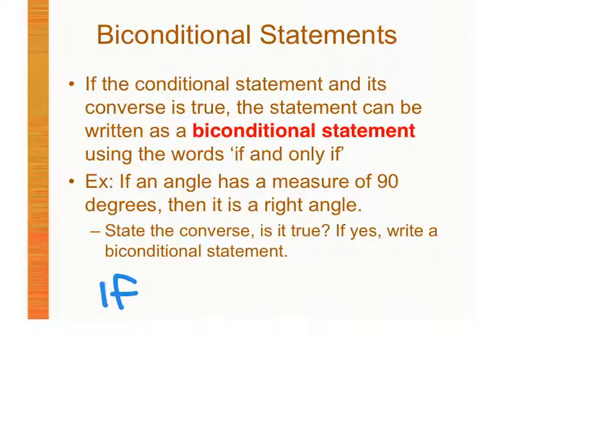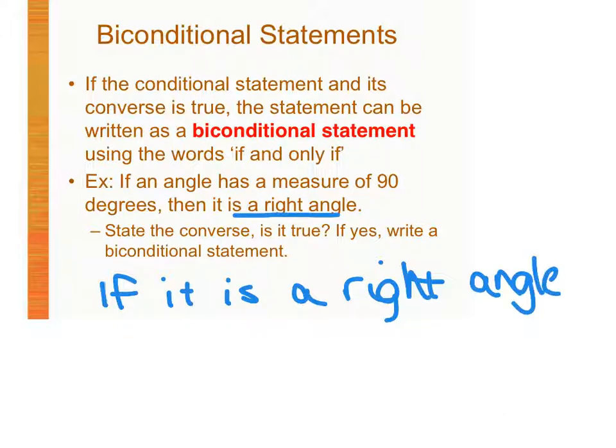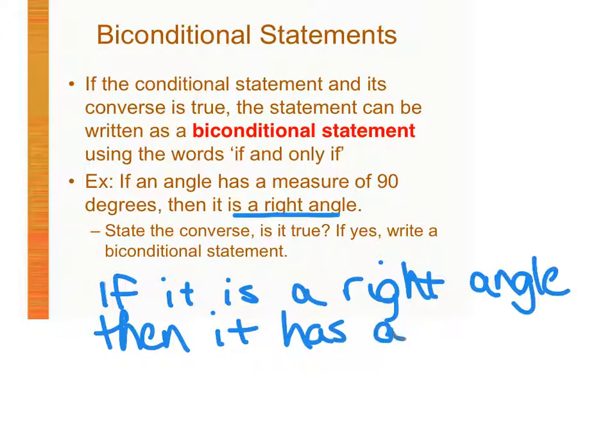Okay, so I'm going to write it backwards, so I'm going to put this first now. If it is a right angle, then it has a measure of 90 degrees.